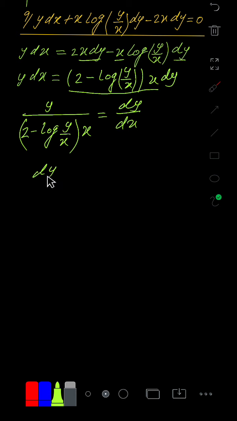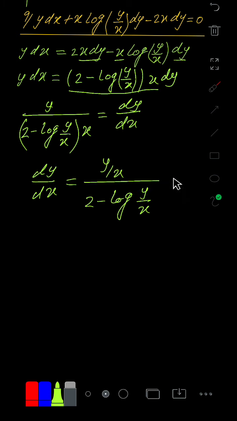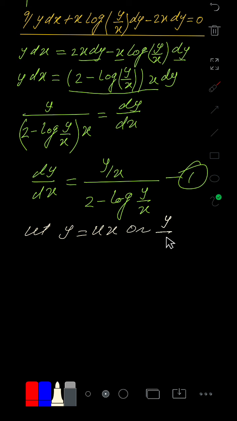So we may write it as dy upon dx is equal to y upon x. This may be written as y upon x in the numerator upon 2 minus log y upon x. Let it be equation number 1. So let y is equal to ux, or y upon x as u.